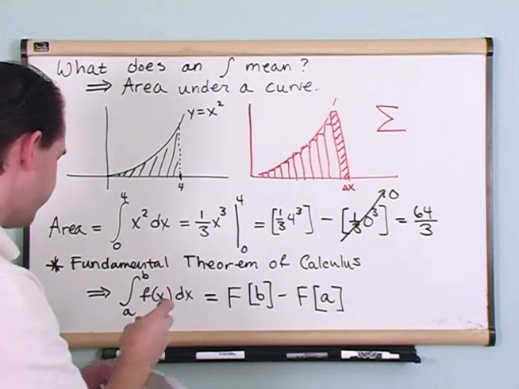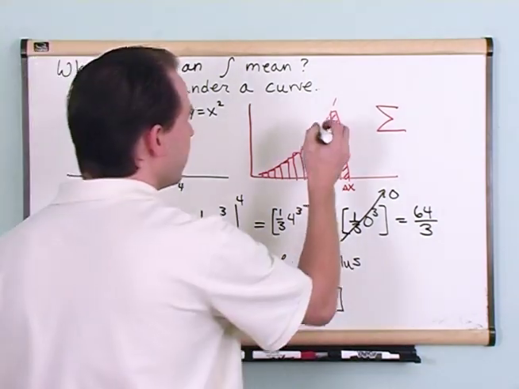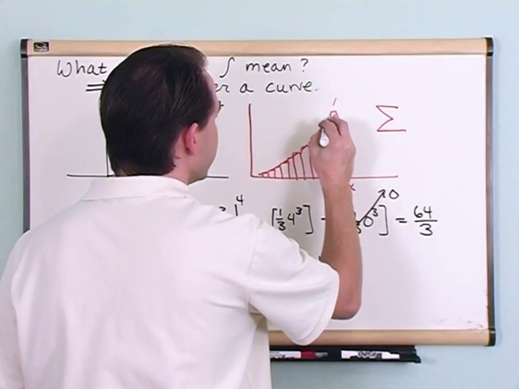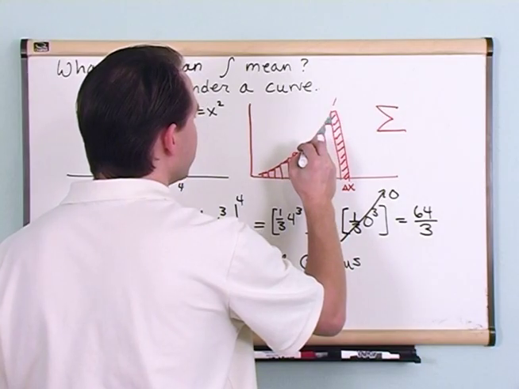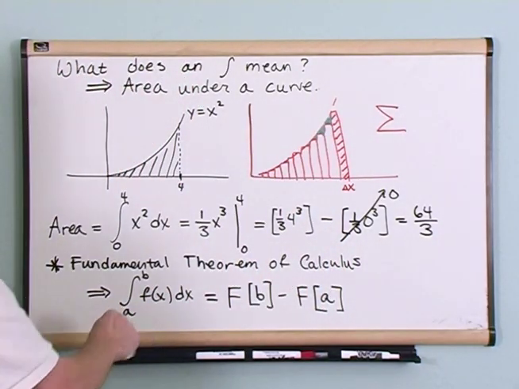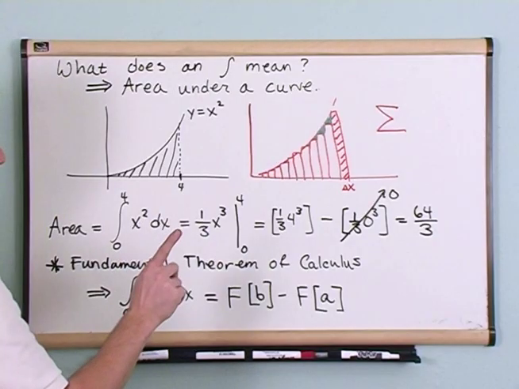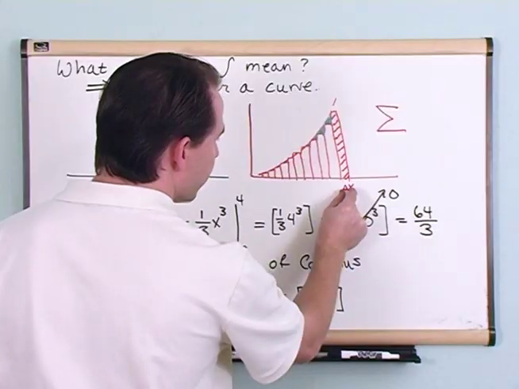It wouldn't be the real deal, because when you look up here, look at all this area I missed. I didn't get any of this here, I didn't get any of this over here, and so on in between the little columns. It's not really perfect. But if you think about it, I could take the limit as delta x approaches 0.